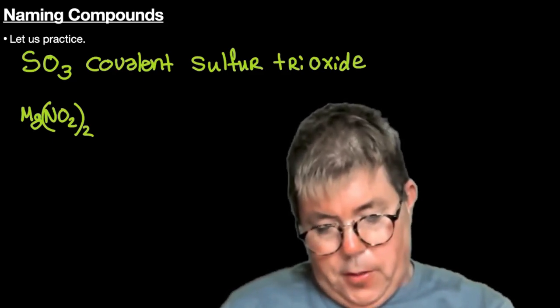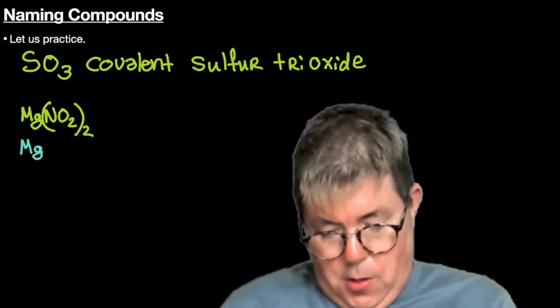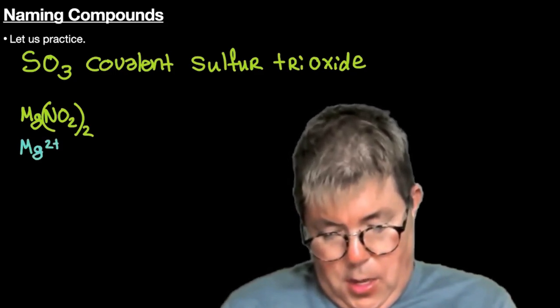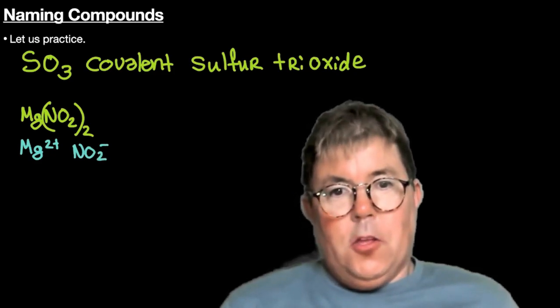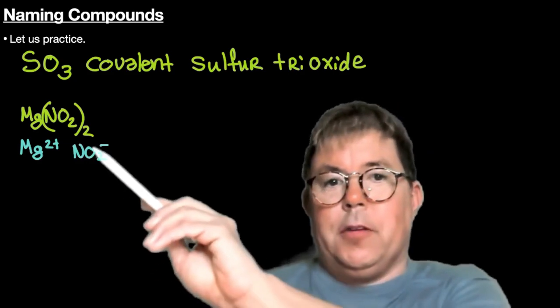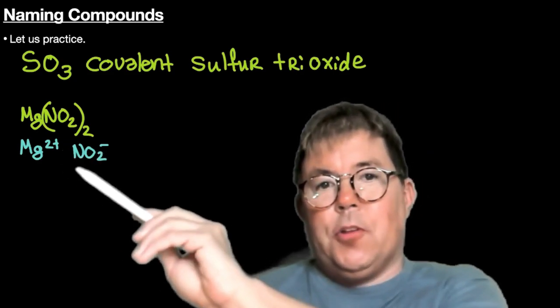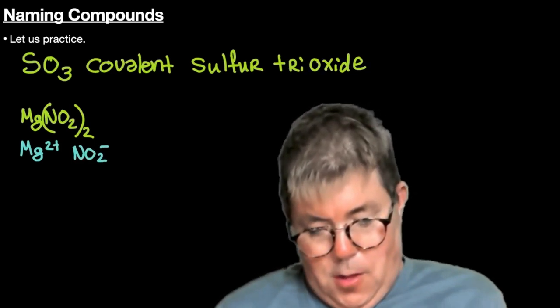The 2 parts are going to be an Mg2+ and NO2-. Because we have these 2 parts of the molecule, these 2 ions, we are going to have something that is what?